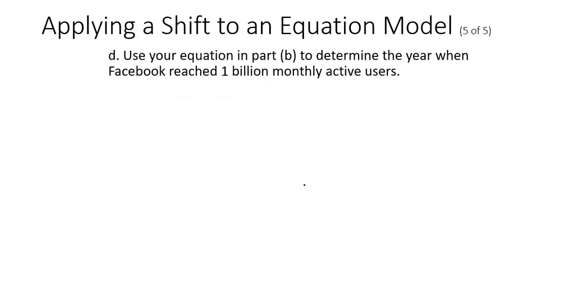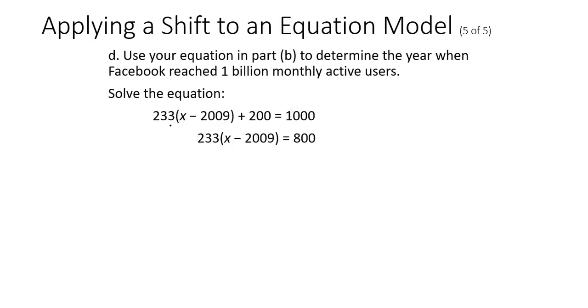So for part D, you want to use your equation in part B to determine the year when Facebook reaches 1 billion monthly active users. So we just have to solve the equation here, and we're going to put 1 billion here. That would be 1,000, and here we just simply distribute.